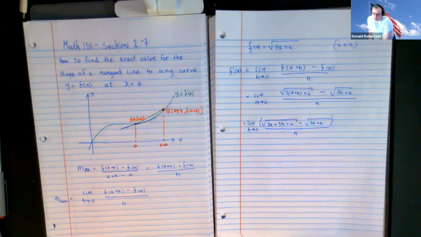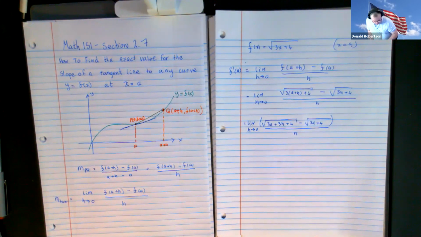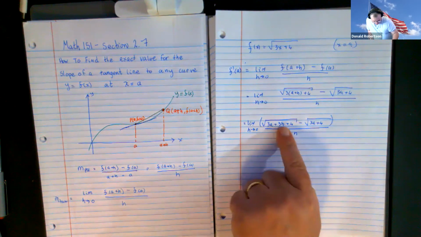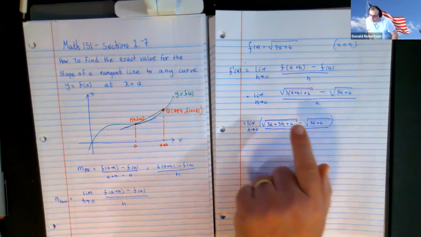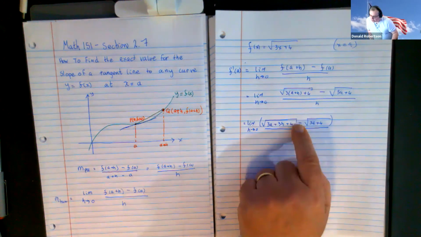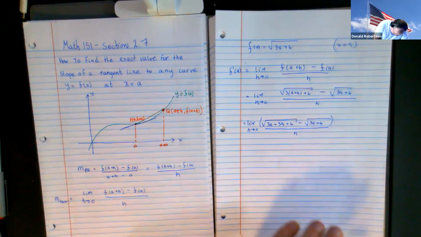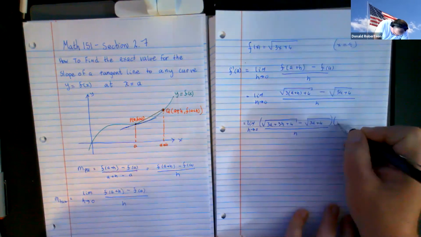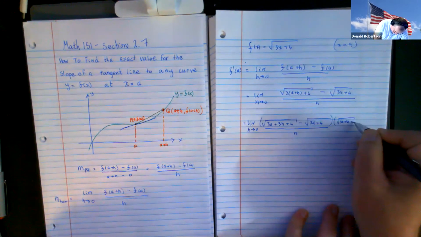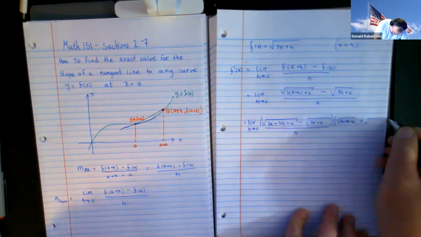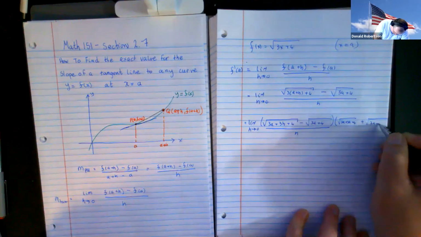Now, although it's a little bit distracting because there's an awful lot going on inside this square root in particular, it's really just a conjugate rule, which means it's the same 2 square roots, but with a plus. It's still the conjugate rule. So it's going to be 3a plus 3h add 4 and 3a add 4, top and bottom.